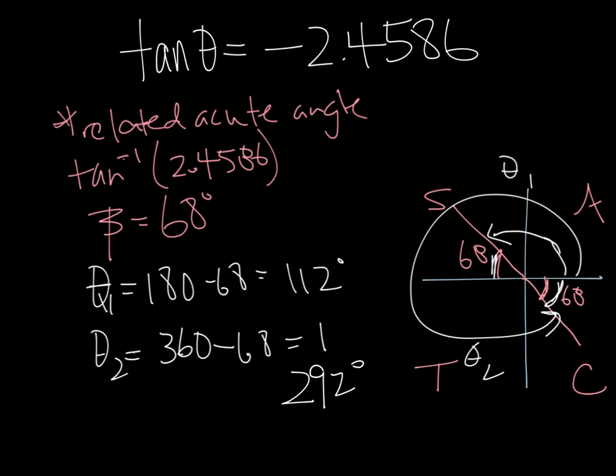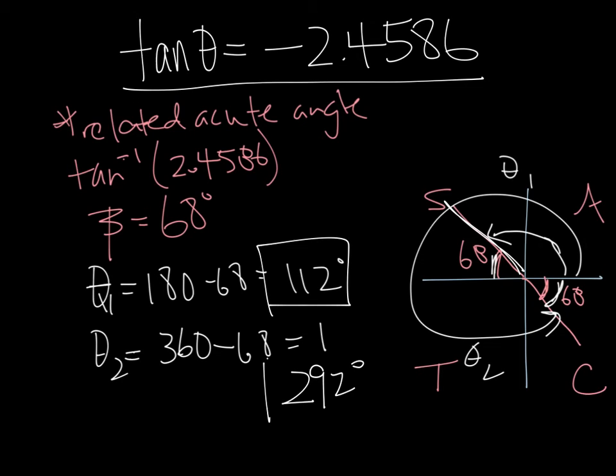So for this particular question, we found two angles. The first one being in this quadrant here, so in the S quadrant, because tan would be negative there. And the second one being in the last quadrant, and the angles being 112 and 292.